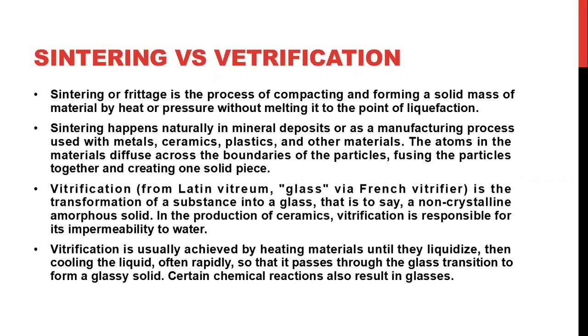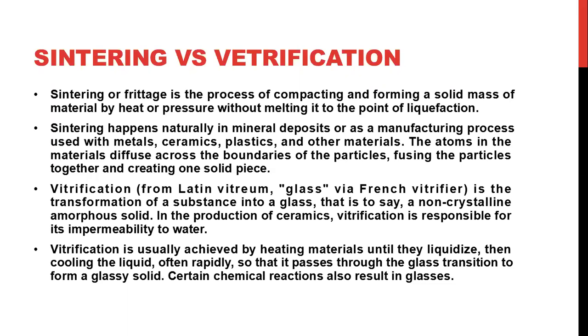Before moving deeper into various fabrication techniques for creating preforms, we will first see two terms, that is sintering and vitrification, which we will come across when we discuss these fabrication techniques. Sintering is a process of compacting and forming a solid mass of material by heat or pressure without melting it to the point of liquefaction.